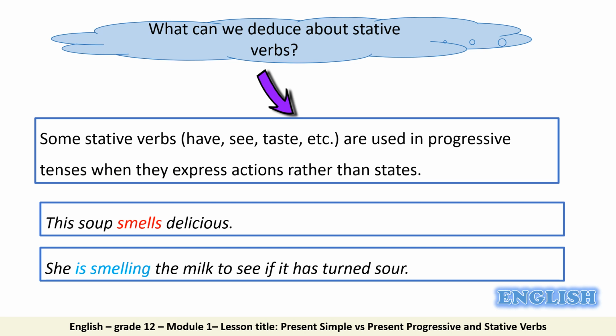Why do you think the verb smell is conjugated in the present simple in sentence 1 while it is conjugated in the present progressive in sentence 2? Excellent! The answer is as simple as this. In sentence 1, the verb smell expresses a state. However, in sentence 2, it expresses an action.